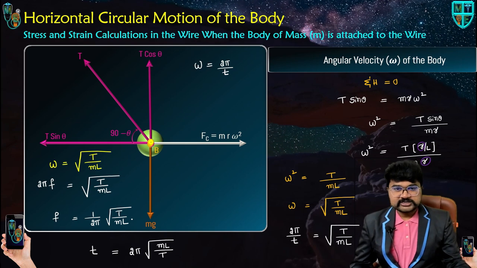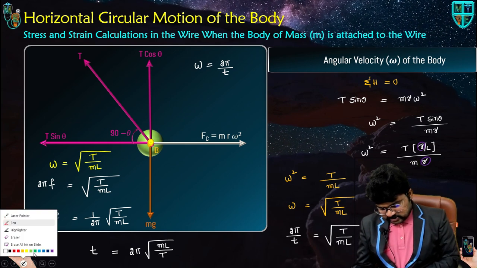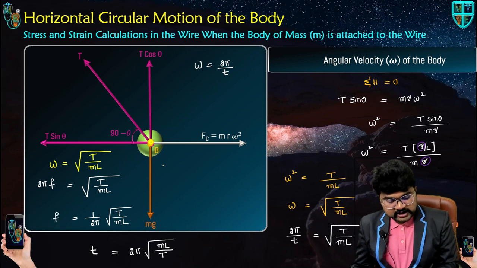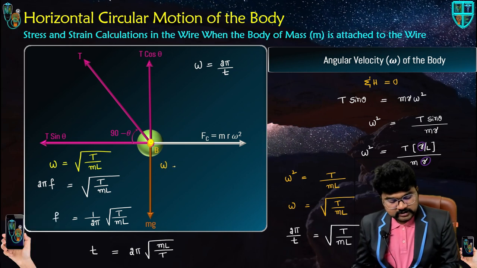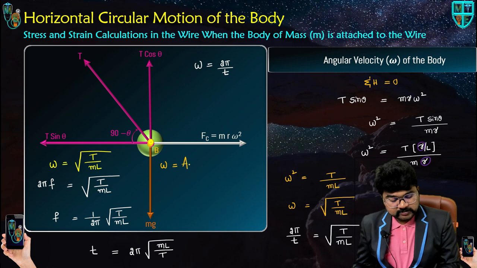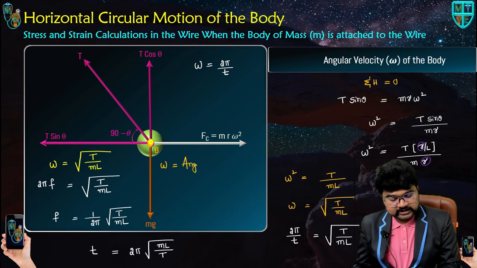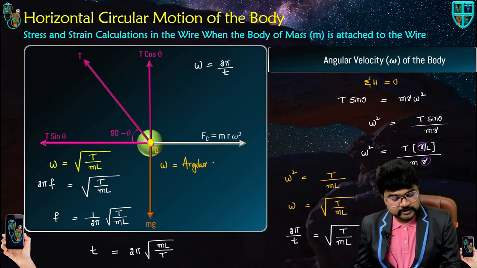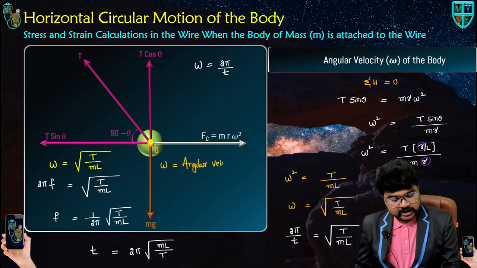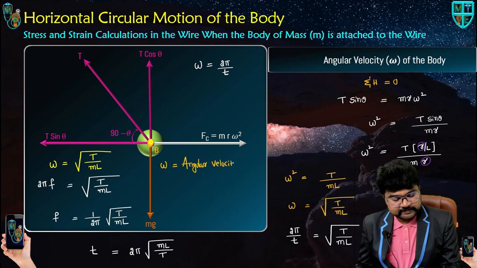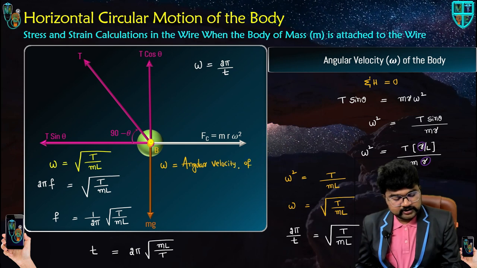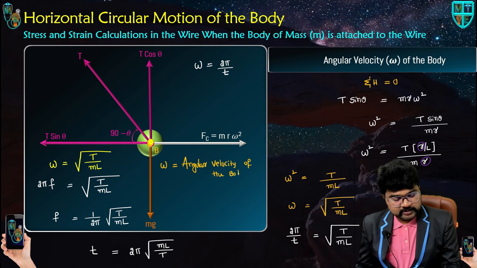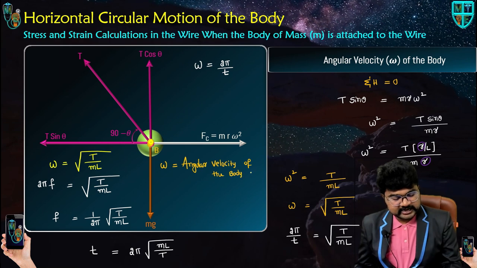So here, what is omega? You can write one by one. Omega equals the angular velocity of the body, in radians per second.